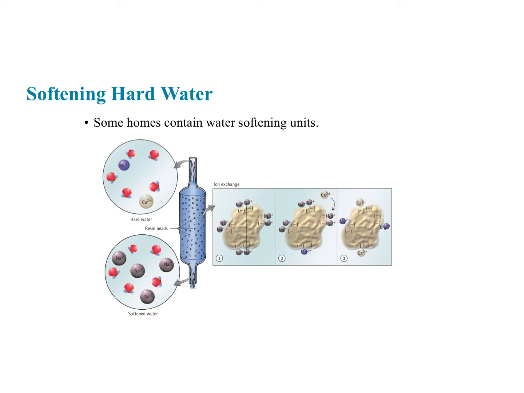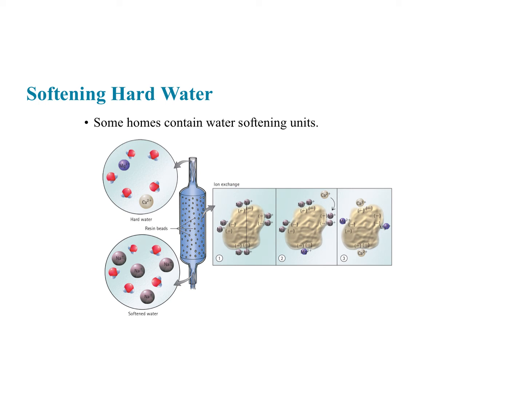In other words, those magnesium ions and calcium ions are more attracted to those beads than they are to the water, so the beads pull them out of the water. In this way, the resin exchanges ions. The sodium ions are being exchanged for the calcium and magnesium ions.